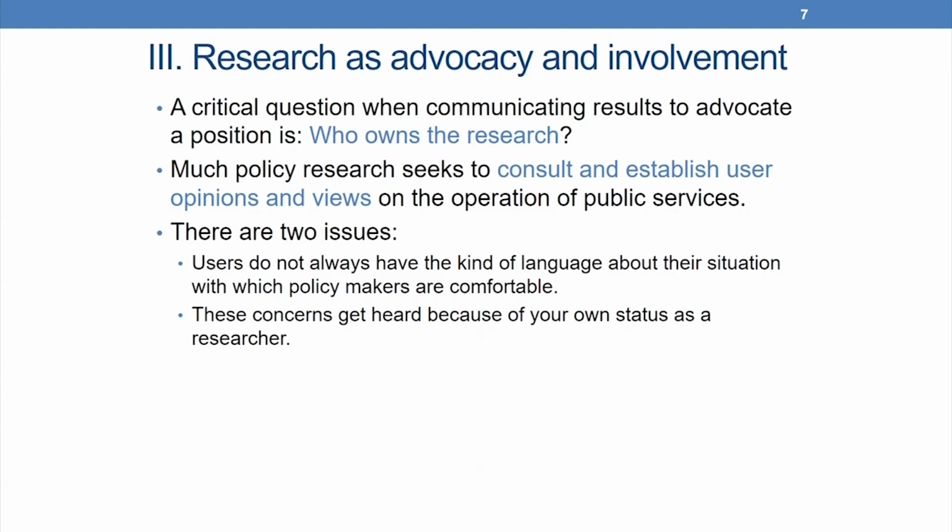Users do not always have the kind of language about their situation with which policymakers are comfortable, and these concerns get heard because of your own status as a researcher. If you are coming from a privileged position of power, often you can make yourself heard, but they may not be so. So, therefore, these two issues need to be balanced out so that research can be used as advocacy and involvement.